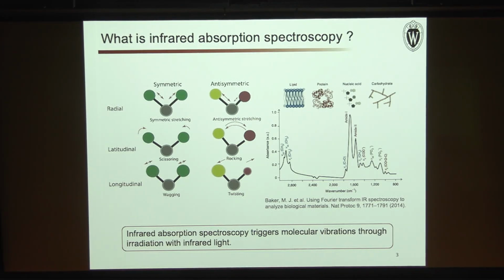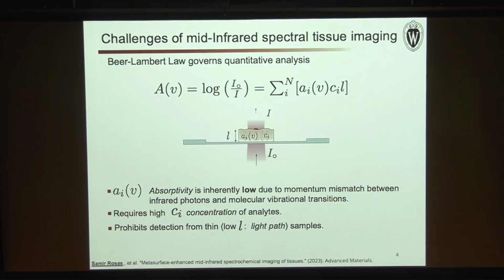When you image the biological sample, the molecules in the sample are going to absorb light, and they are going to do one of these 6 things that we are seeing here. Depending on where the oscillation or the fluctuation is happening in the absorbance signal, you can classify that molecule as a lipid, a nucleic acid, or a carbohydrate. More formally, you can describe the absorption of a biological tissue sample using Beer-Lambert's law.